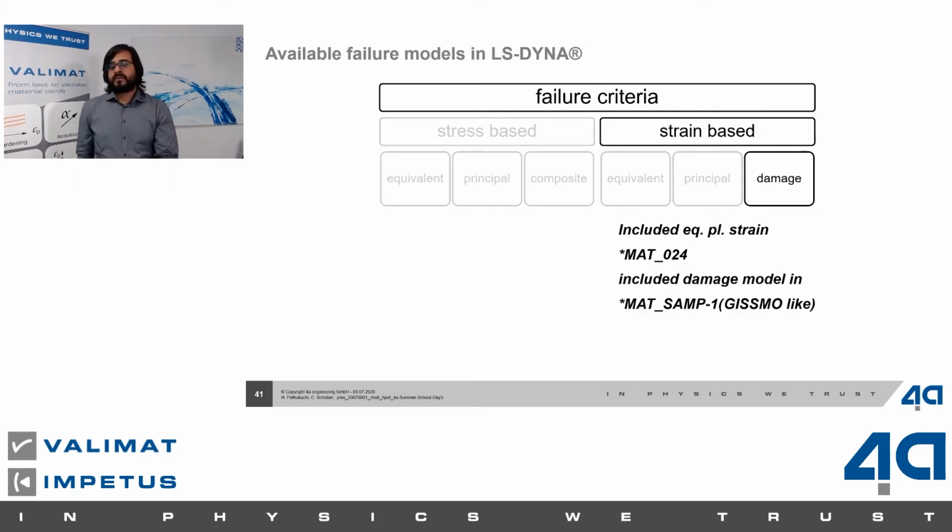And some more complex material models have damage models included in their formulation already, like the other well-known complex material model from LS-DYNA, the MAT-SAMP1 or the MAT-187. We will have a detailed discussion on how to fit this material model next week.